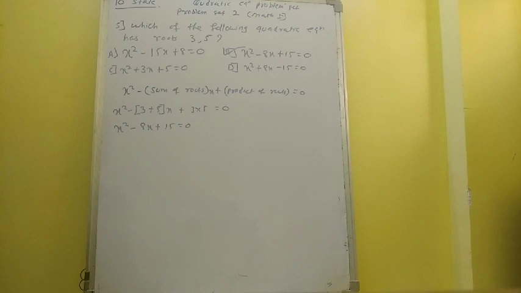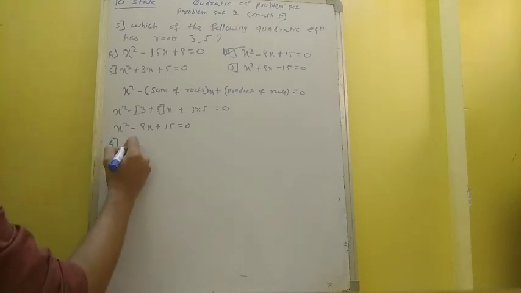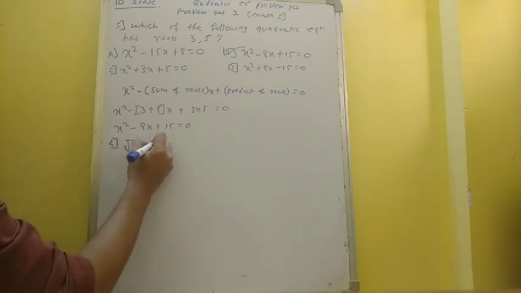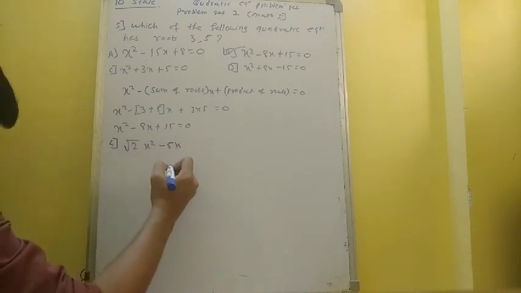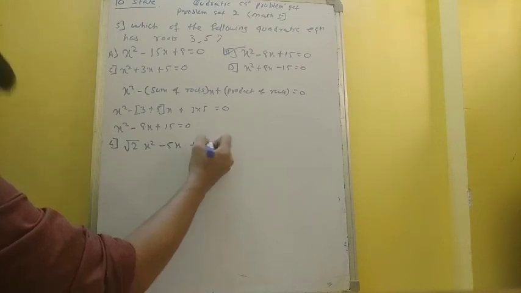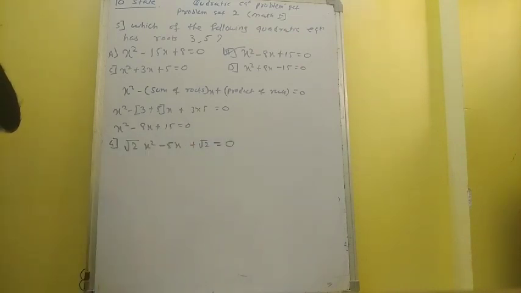Okay. The fifth one. And the fourth one which was remaining, I will do it here only. Okay, the question is square root of 2x square minus 5x plus square root of 2 is equal to 0. Find the value of the discriminant.